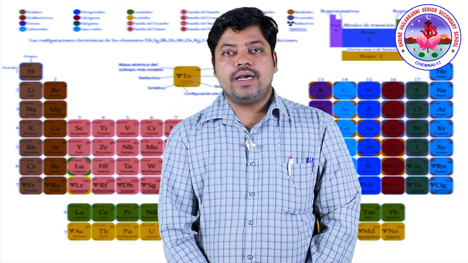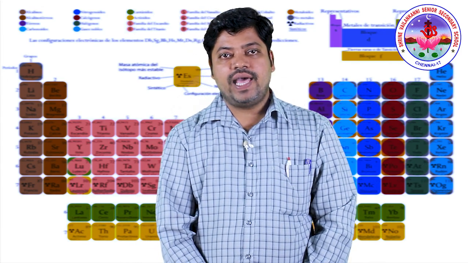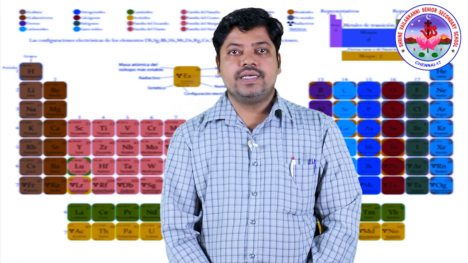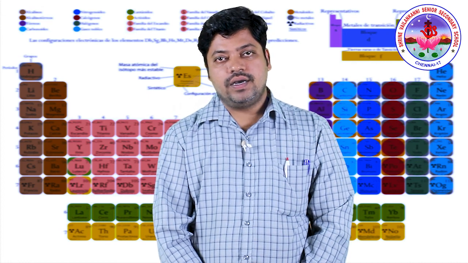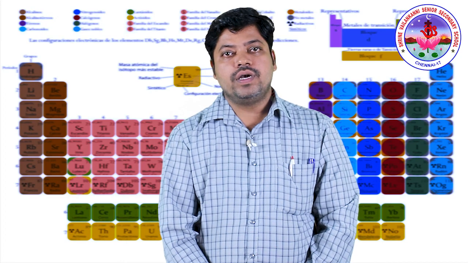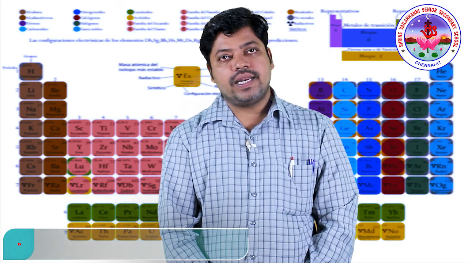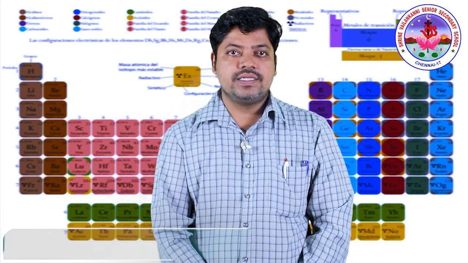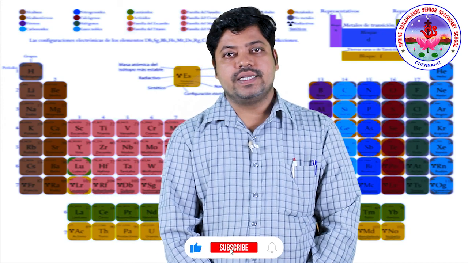Then the properties, metallic and non-metallic properties, valency and atomic size, we also saw. So this video is very useful: how the elements are classified and, based on their properties or arrangements, grouped like alkali metals, alkaline earth metals, then the transition metals. All these things we discussed in this video.